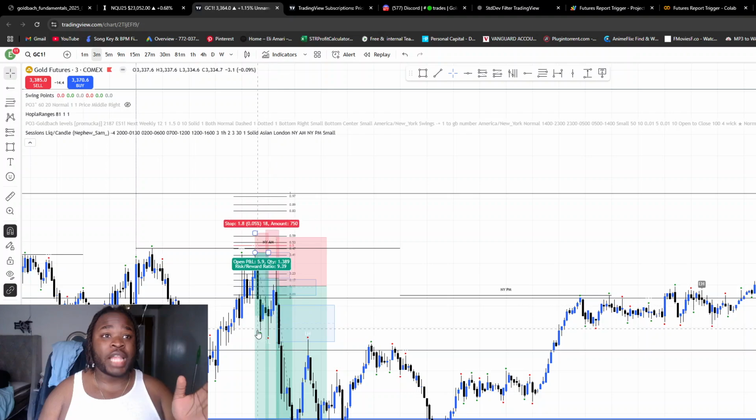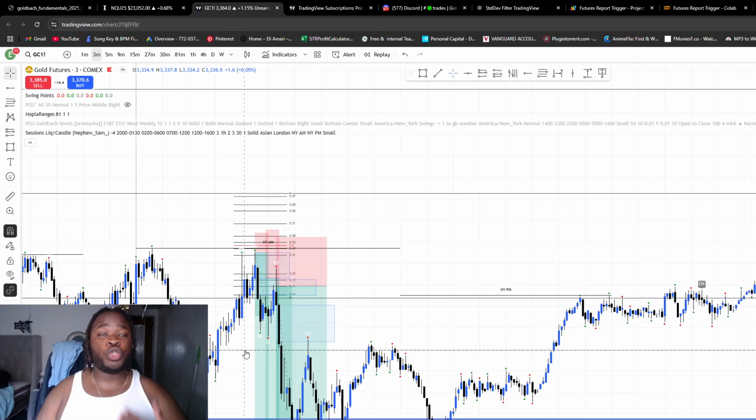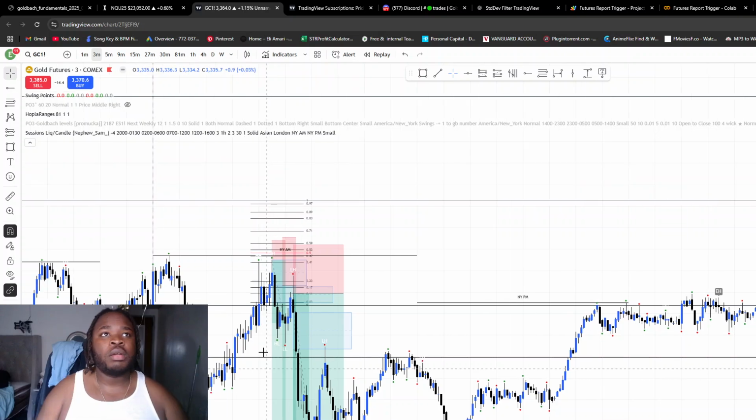This was last week, Thursday. Like I said, I don't trade gold, but just at a quick glance, this is a move that I would have definitely taken, right? It failed to get above the 50%, which was an indication to me that we're looking for lower prices before our continuation back to the upside. We have a turtle soup here, sweeping out liquidity above this high that was made.